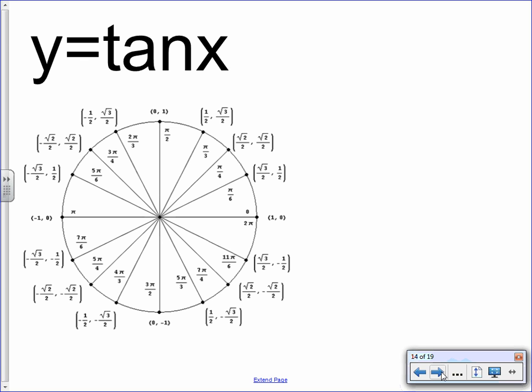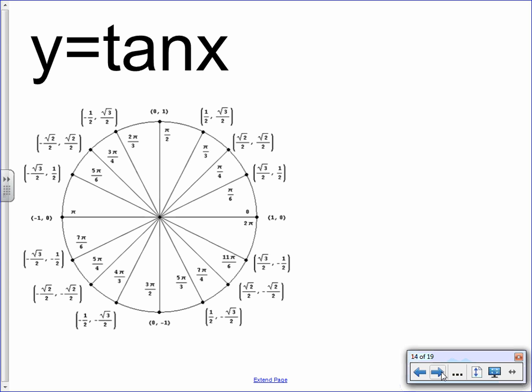I want you to look at the unit circle. What's true about the tangent of 0? It is 0. What's true about the tangent of pi over 2? What's true about the tangent of negative pi over 2?